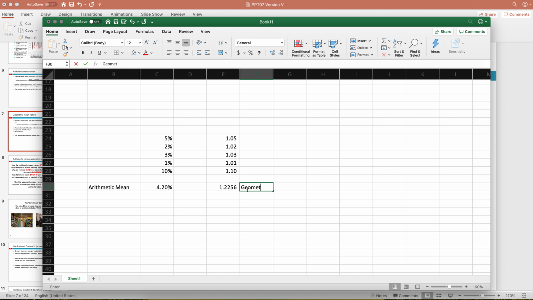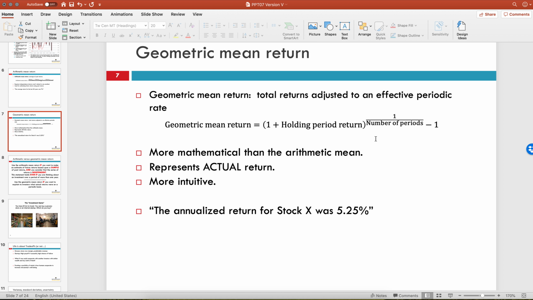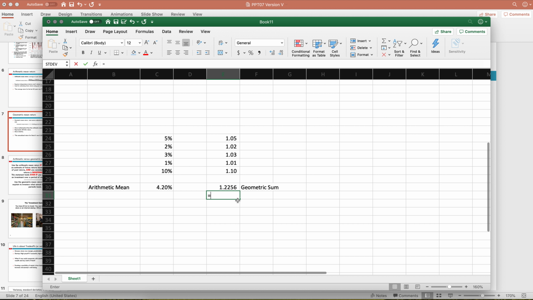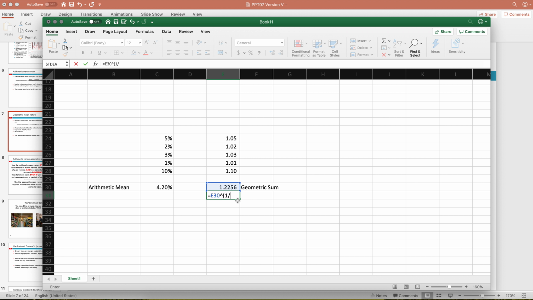So this is the geometric sum. And then on this formula, when we raise it to the power of 1 over the number of periods, it equals that to the power of 1/5 minus 1. This is the geometric mean.